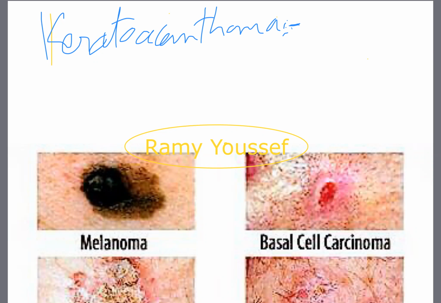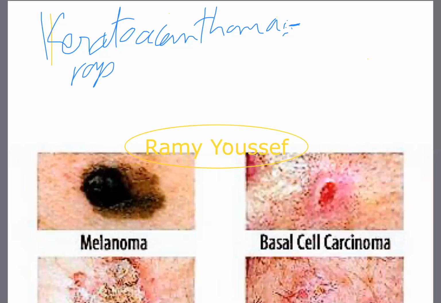Clinically it may sometimes be difficult to distinguish between squamous cell carcinoma and keratoacanthoma. But in the scenario, you will have a short history of a few weeks or months. That is a rapid growing skin lesion with keratin and rapid resolve with scarring.